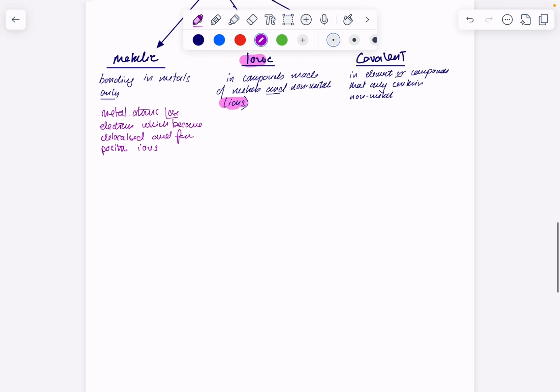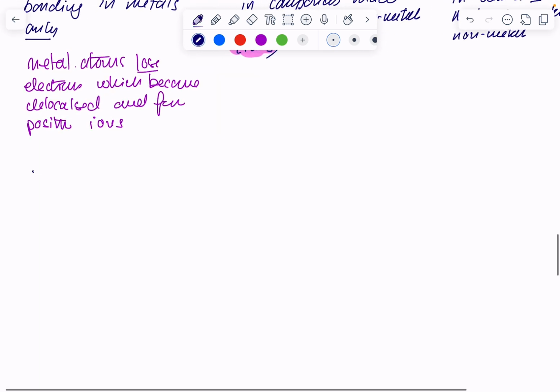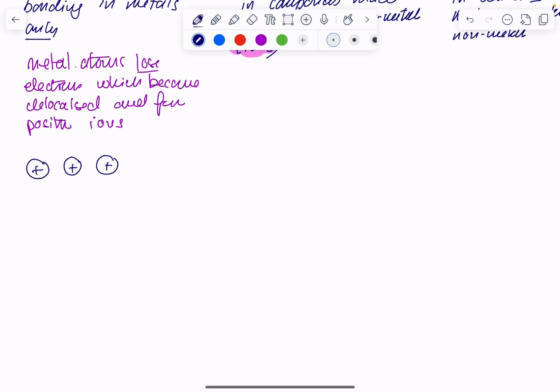So what this looks like is positive metal ions. Those have formed from metal atoms losing an electron.